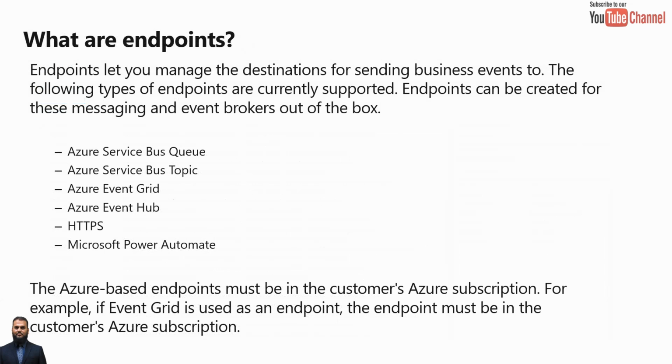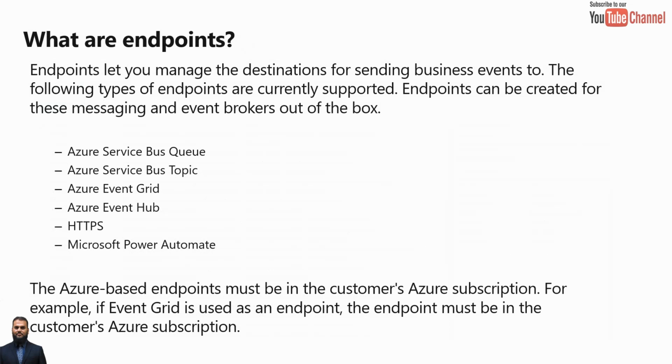Here we define the endpoints. Endpoints are just destinations, pre-configured or whatever you have configured, wherever the business events need to be sent. The supported endpoint types are Azure Service Bus Queue, which we will also see in the demonstration, Azure Service Bus Topic, Event Grid, Event Hub, HTTPS, and Power Automate.